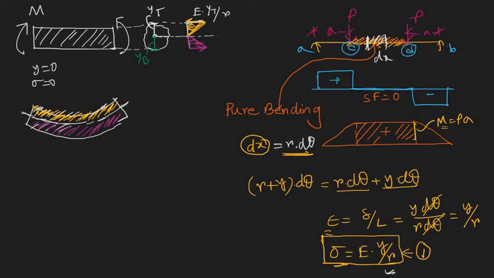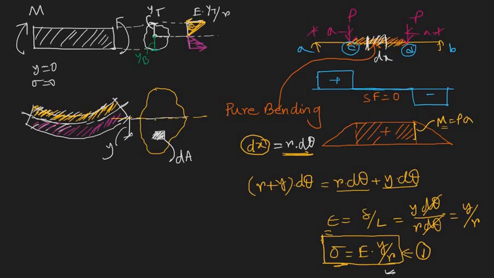Now consider the cross section again, in a larger view. This is the neutral axis. Let's consider an element at a distance y from the neutral axis, with cross section of only delta A or dA. What is the stress in this element?